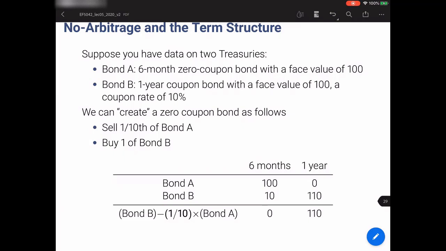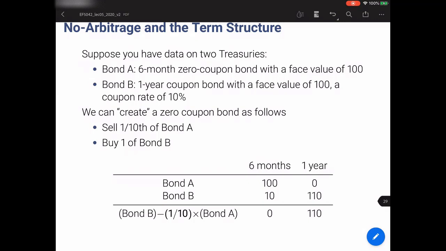Bond B is a 1-year coupon bond with a face value of $100 and a coupon rate of 10%. So that means that you will receive $10, or 10% of 100, every 6 months, and also receive your final face value payment at the end of 1 year.